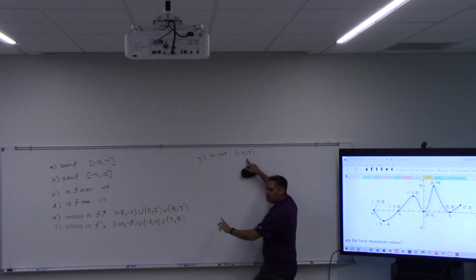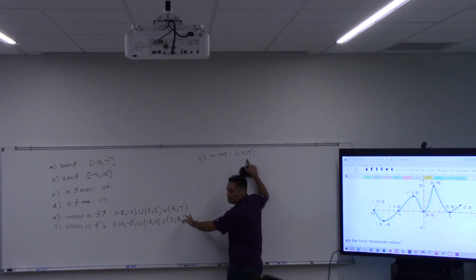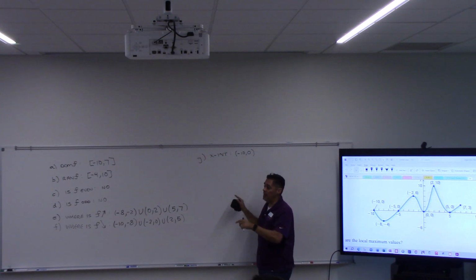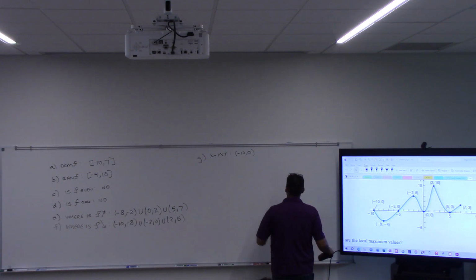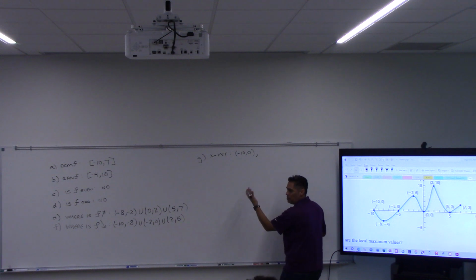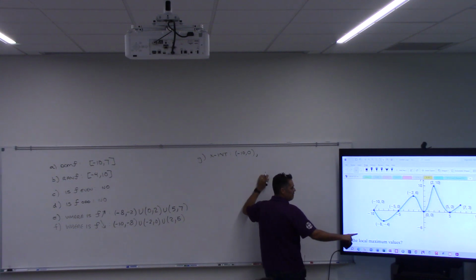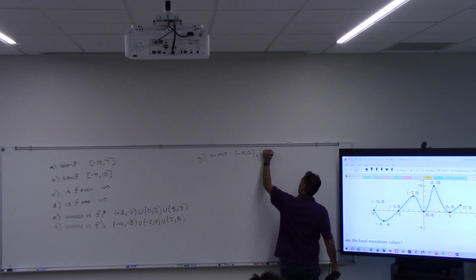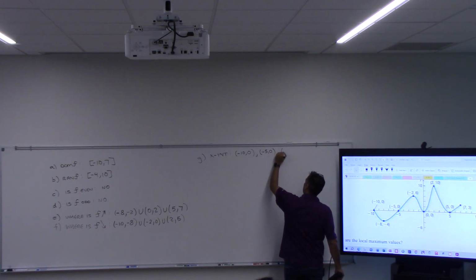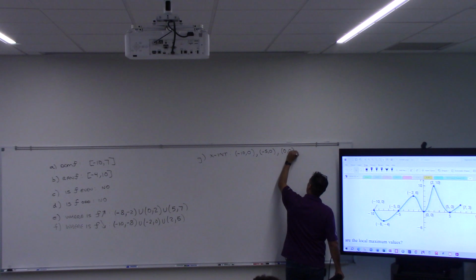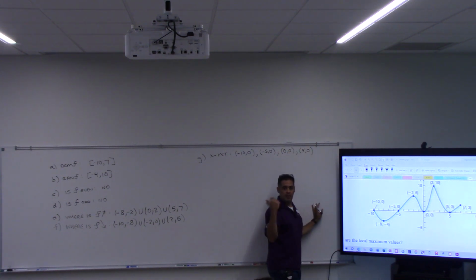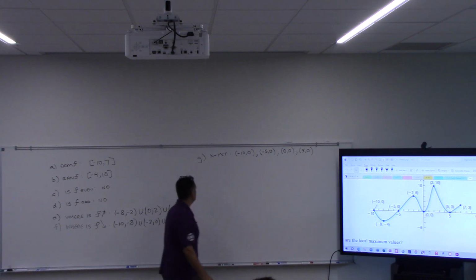So we have some issues in our mathematical notation that it's hard to tell the difference between intervals and points. So you have to understand the context. You understand that that's a point, okay? So I will do a comma now because I'm doing another point. -5, 0. And 0, 0. And 5, 0. Okay. Is that all of them, everybody? This is good? Okay, very good.